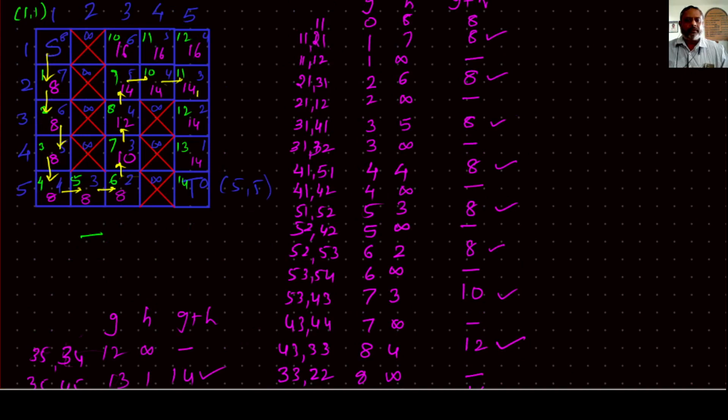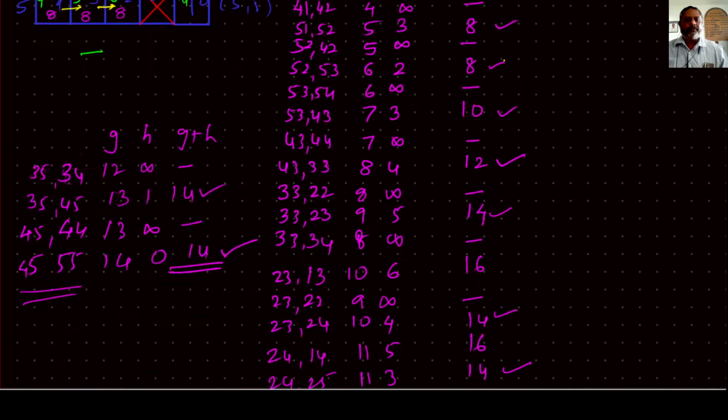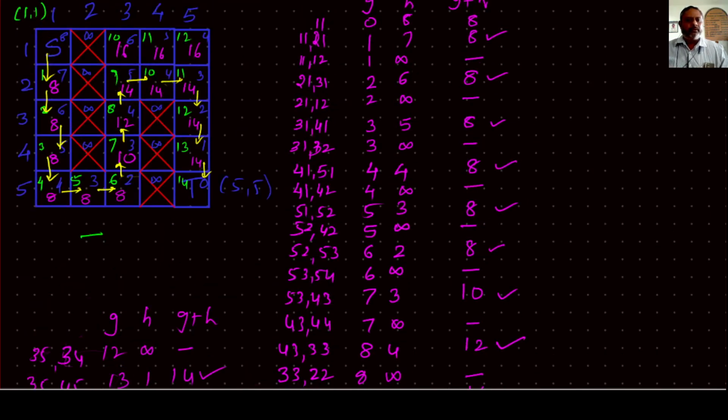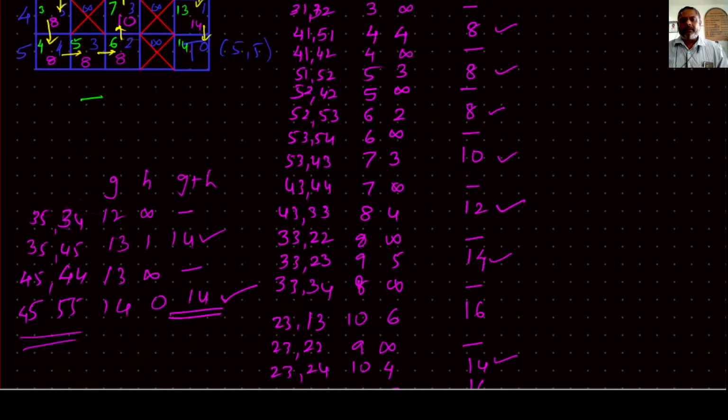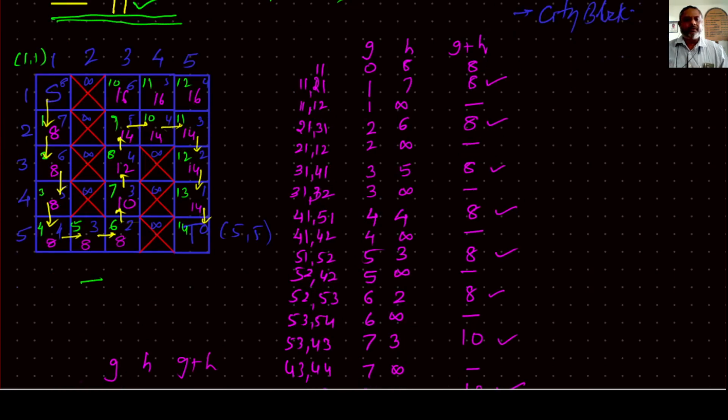From 2 5 we went to 3 5. From 3 5 we went to 4 5. And from 4 5 we went to 5 5. So that's the route we had taken. So that's A star logic, which is talking about this.